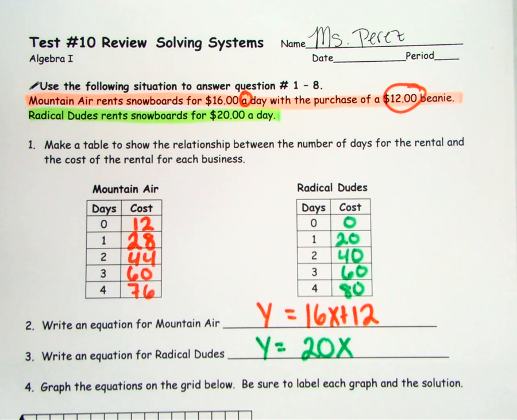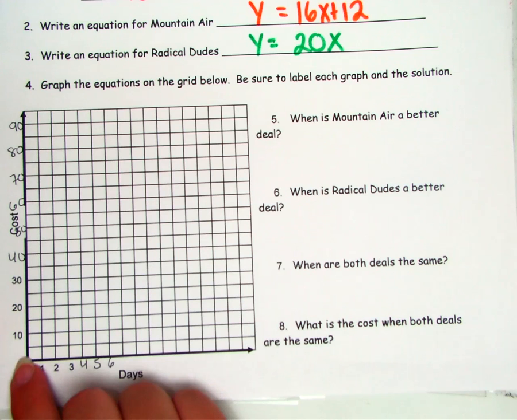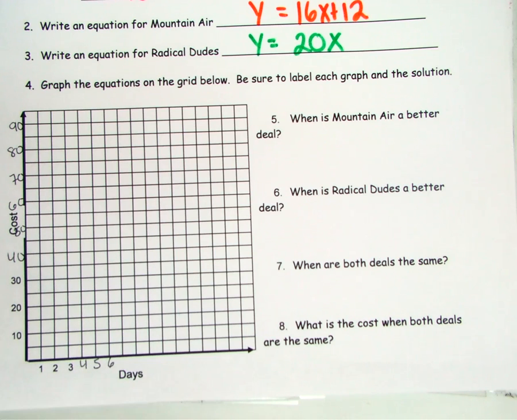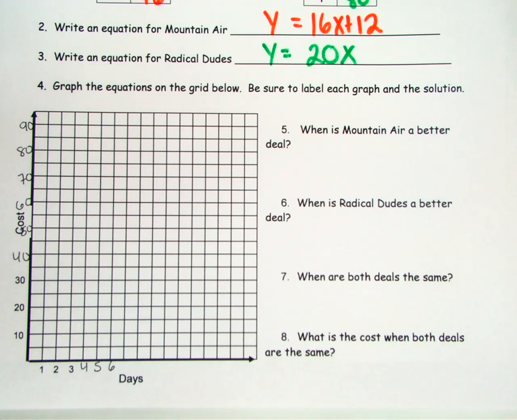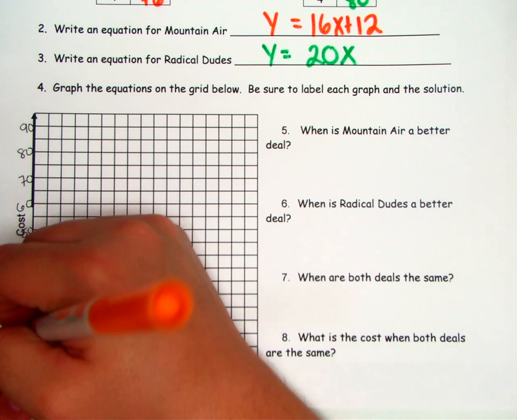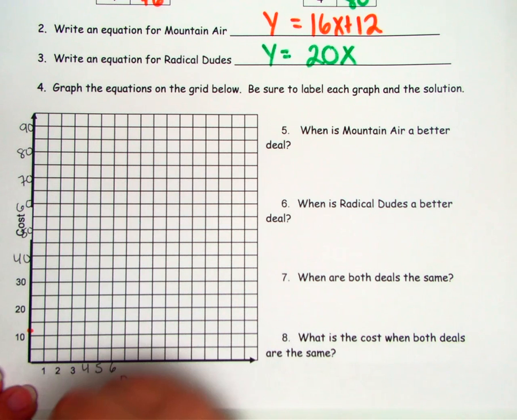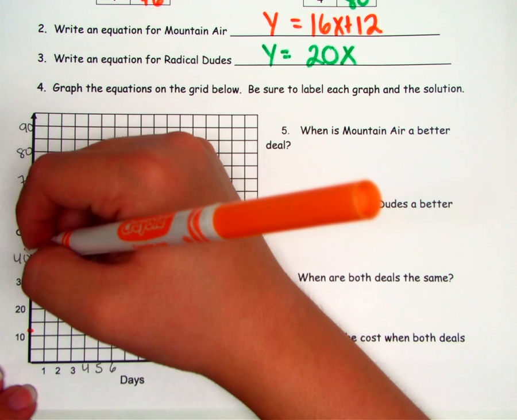So let's move this up. They want us to graph each one. And I noticed that this on the y was going up by 5, so I just continued that pattern going up. So let's graph Mountain Air in orange, keeping the colors consistent. For 0, it was 12. For 1, it was 28. 2, 44.